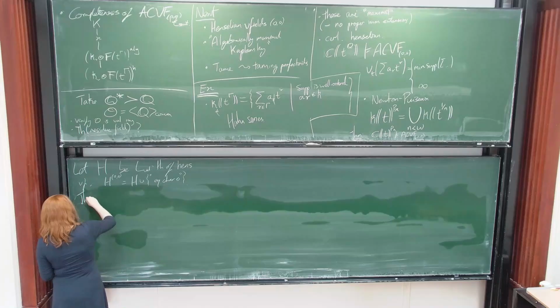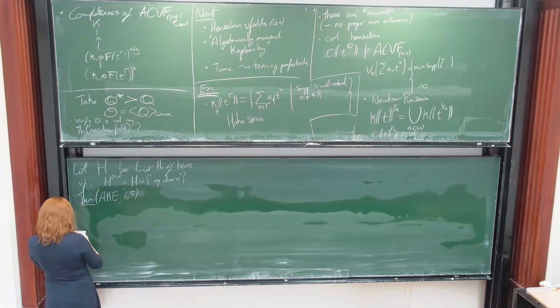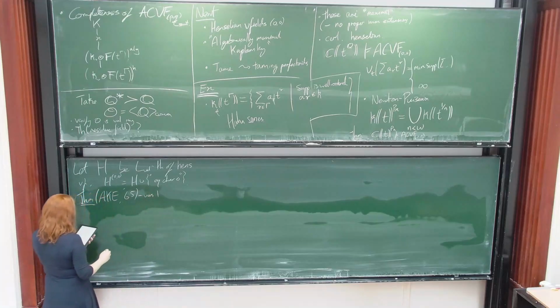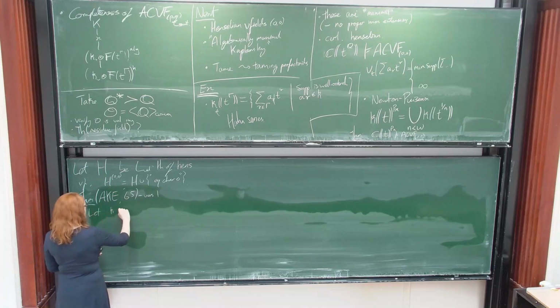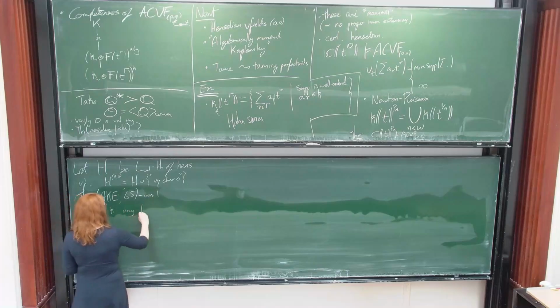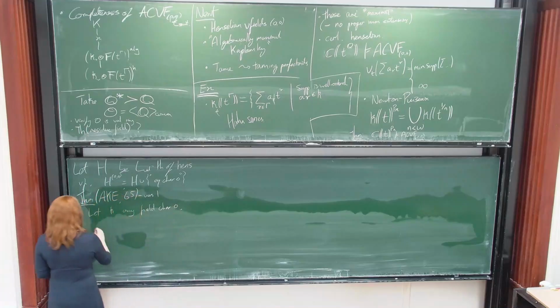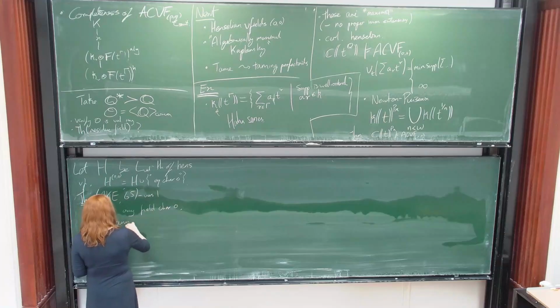Theorem. The AKE theorem, if you like. Version 1. Let K be any field of characteristic 0. Let gamma be any ordered abelian group.